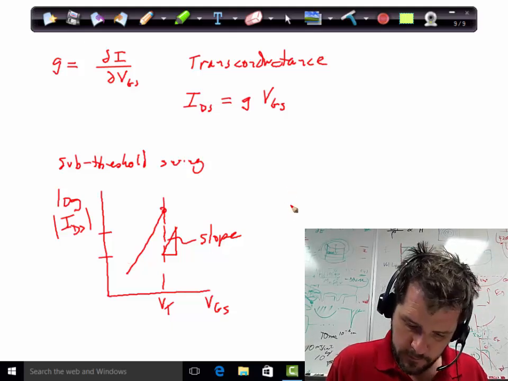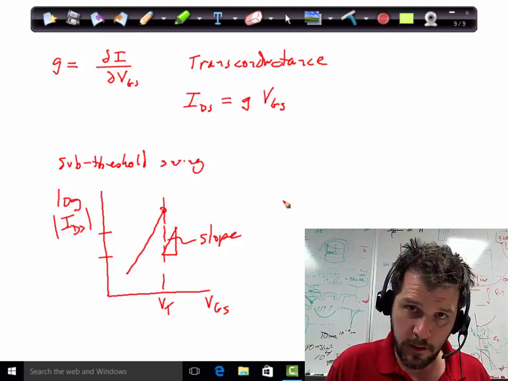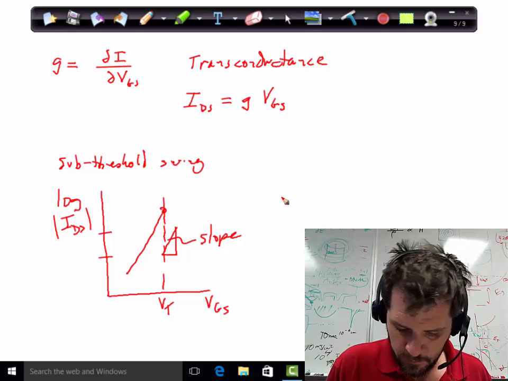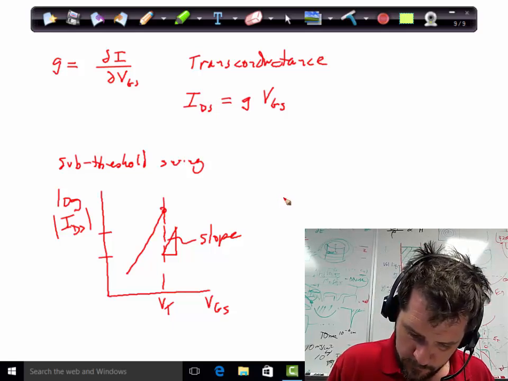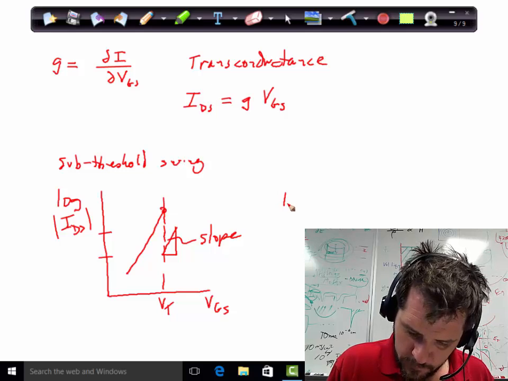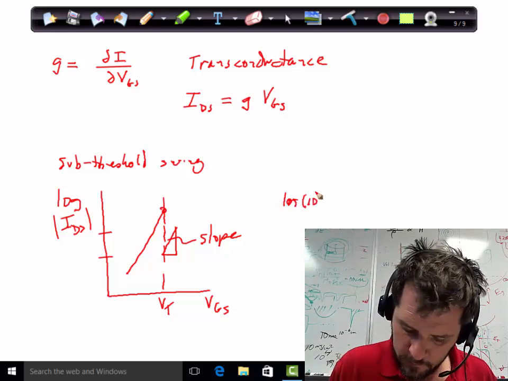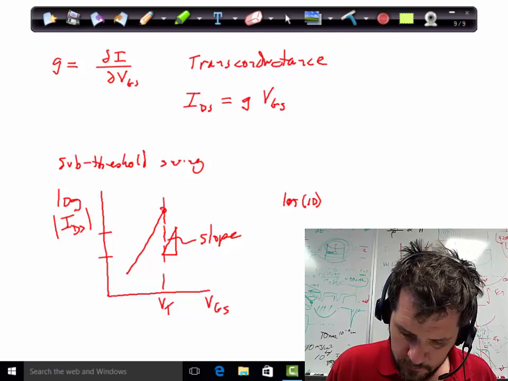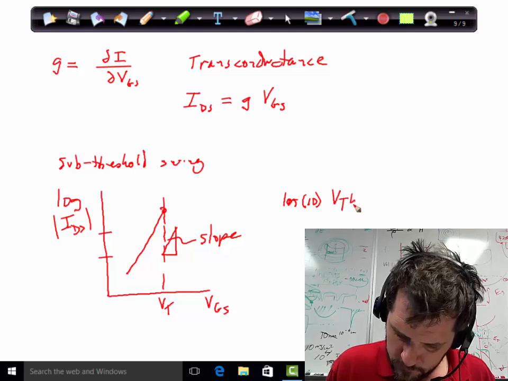And it turns out that the theoretical smallest number you can hit is about 60 millivolts needed to move 1 decade. And that comes from the natural logarithm of 10, which converts you between ln and log base 10, and then times the thermal voltage.